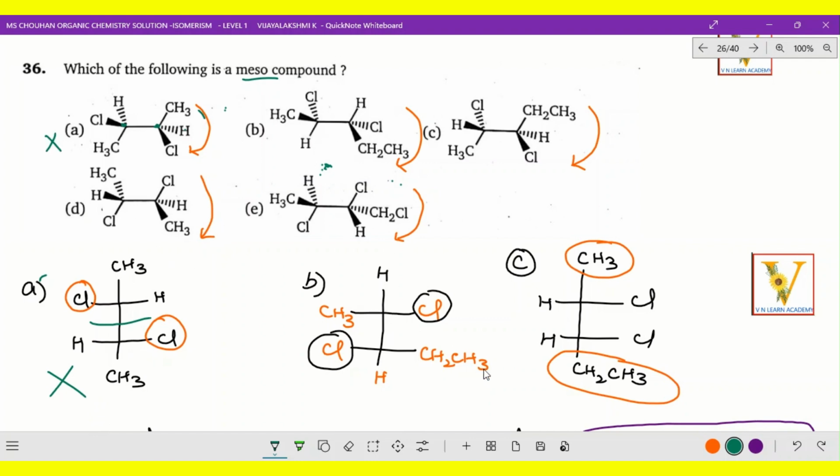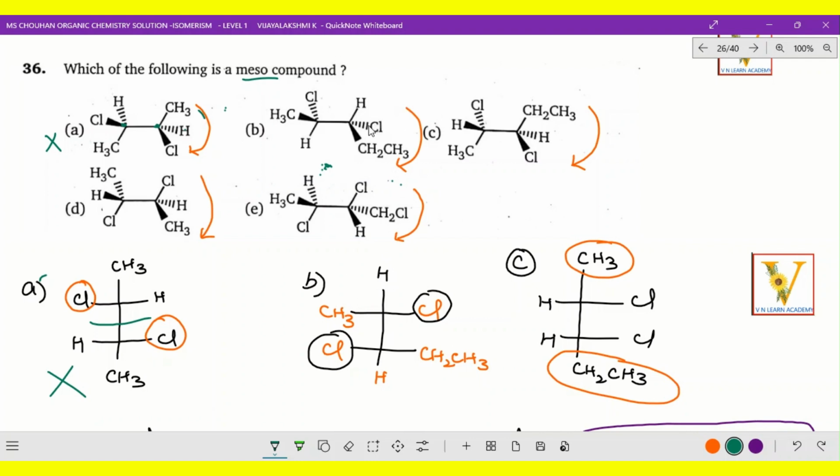And B, let us check B. So here CH3 in the wedge position, and in the dash position chlorine. As I mentioned, in this molecule also, the wedge position is here and the dash position is there for chlorine, and hydrogen, since nothing is mentioned, we are putting on the top. And the next one, we are just rotating.